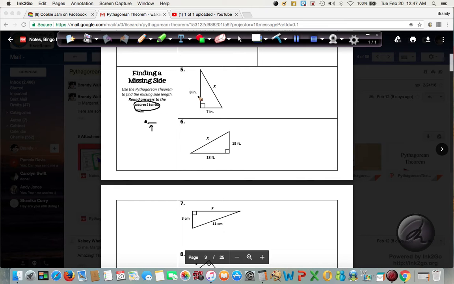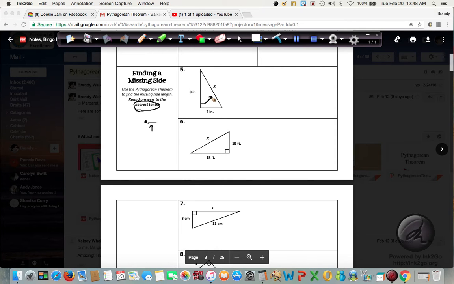Let's look at number 5. So we have a triangle and we have our missing side length. We want to figure out what this side is here. The first thing you do when it's a right triangle is you find your right angle and you draw that very, very important arrow.